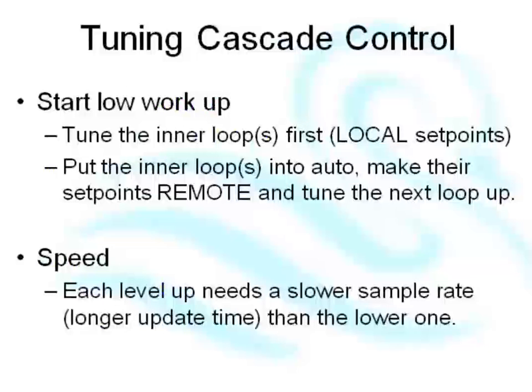We achieve this by changing the sample rates or the update rates in the PID, so that the inner loop has a much faster update rate than the outer loop. If you don't do this, the inner loop will be forever chasing its own tail, as the outer loop doesn't give it a chance to actually control something before it issues a new set point.